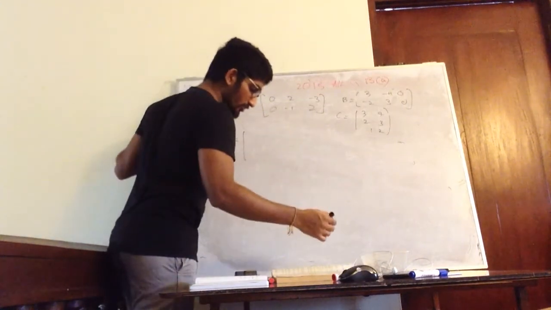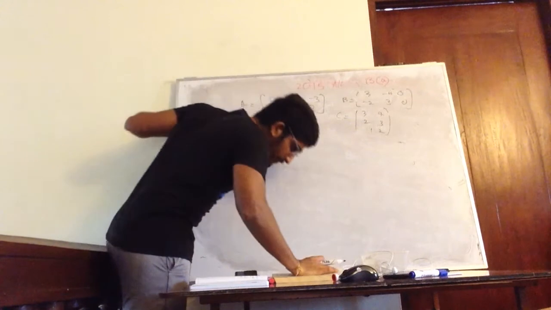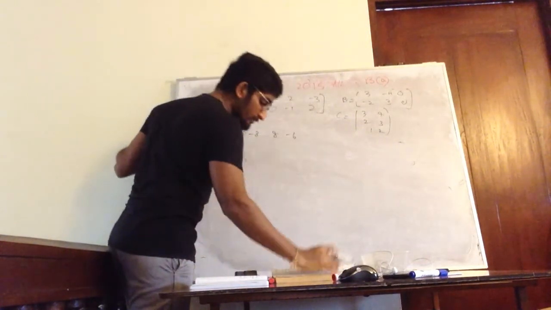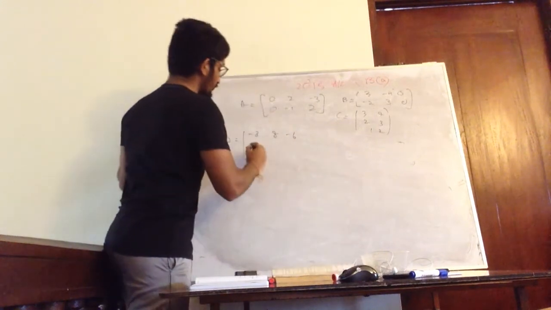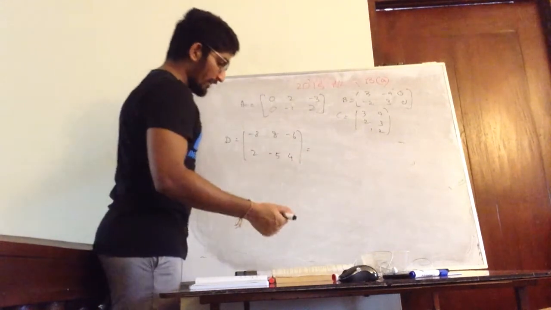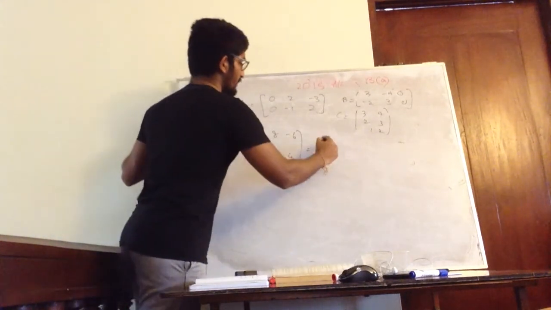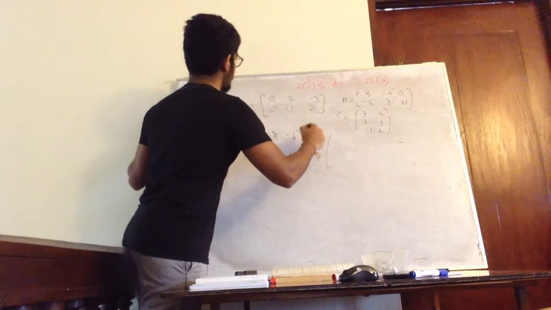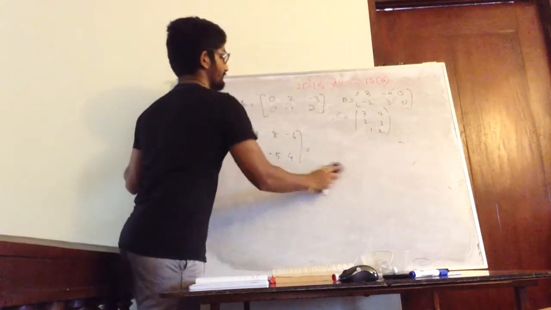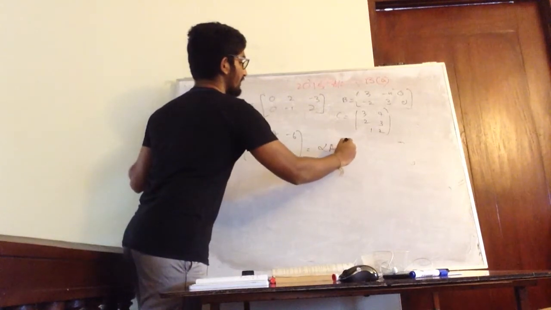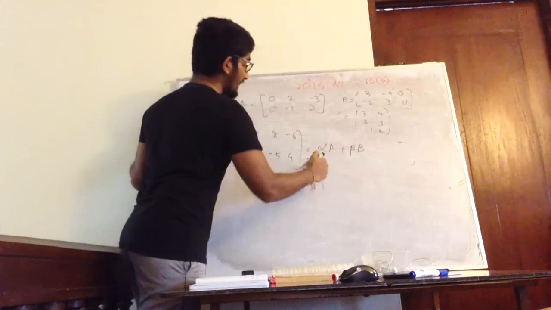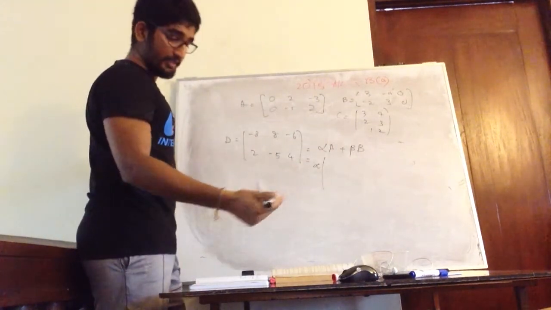Okay, so D is -3, 8, -6, 2, -5, 4. So we have to write it in terms of A and B. I'm going to put a constant alpha for A, so I'm going to write this as alpha A plus beta B. Alpha and beta should be determined here.